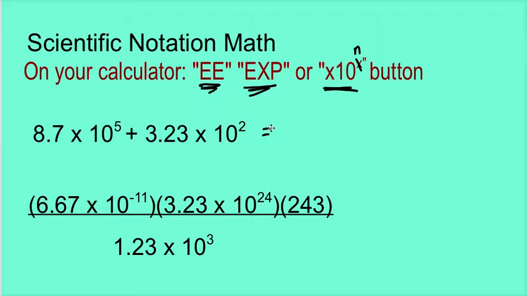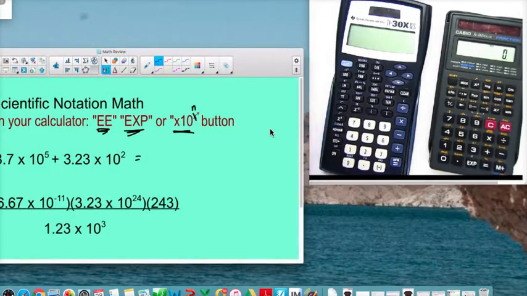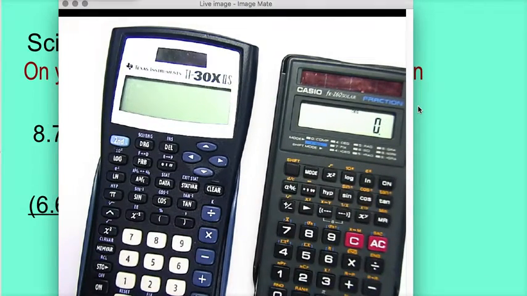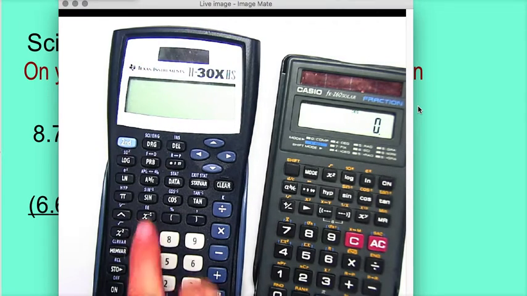So, say I was plugging this into my calculator. 8.7 times 10 to the 5th plus 3.23 times 10 to the negative 2. Okay, I want to add up those two numbers. I'm going to show you how to do it on two different calculators. Okay, first, this button has the EE.